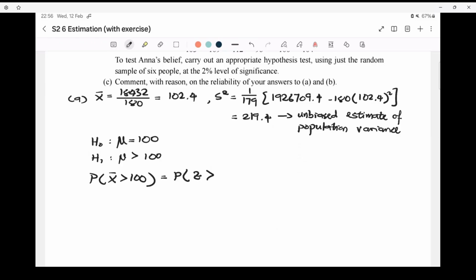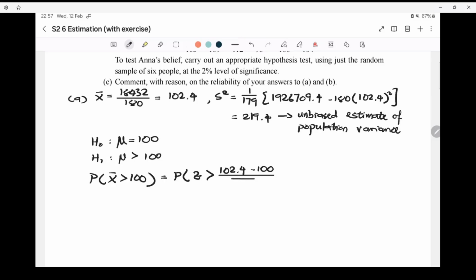Because you are testing your sample, you are also using the sample mean. So the value that you are testing is basically 102.4. This is your x bar minus 100. And then you divide the whole thing.